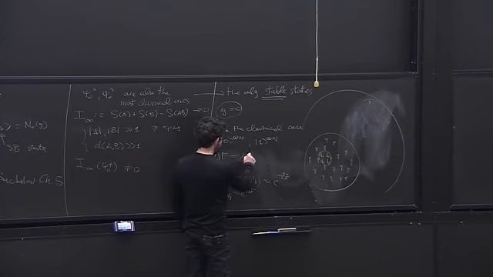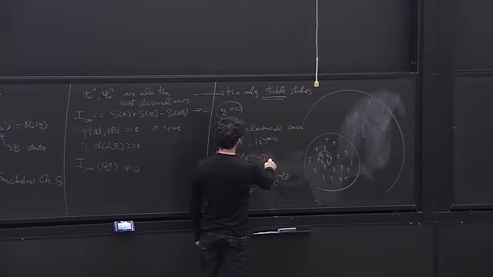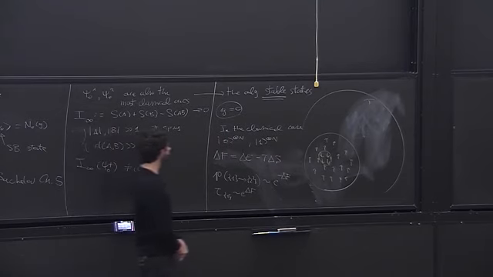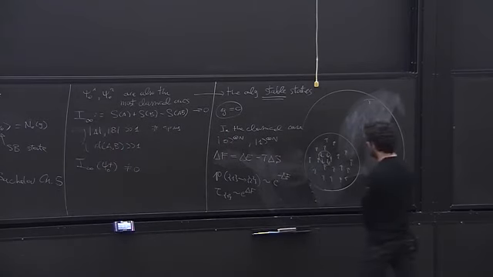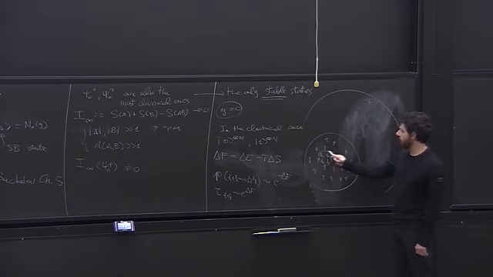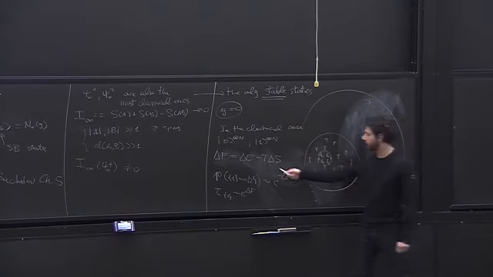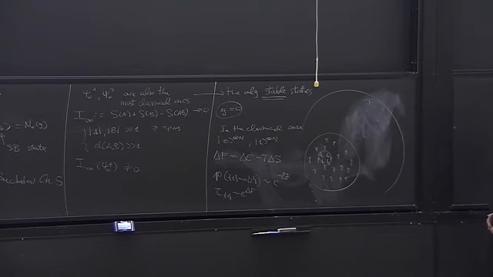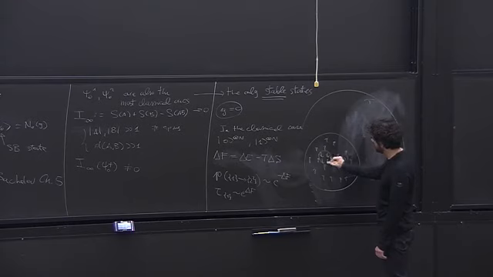Okay, so what is delta F? It is delta E minus T delta S. So we need to understand how our energy changes when we create a domain and how our entropy changes when we create a domain. So you see this domain has some boundary.